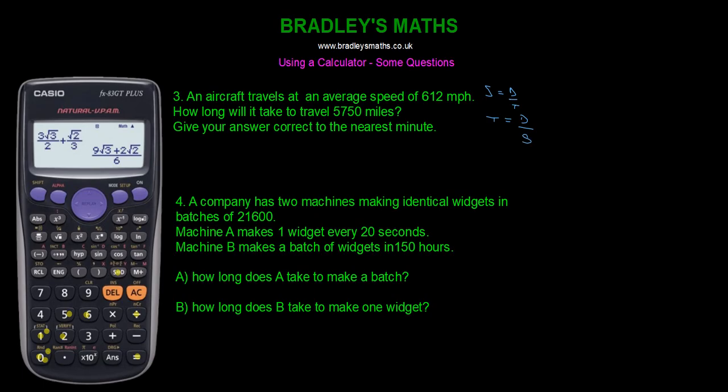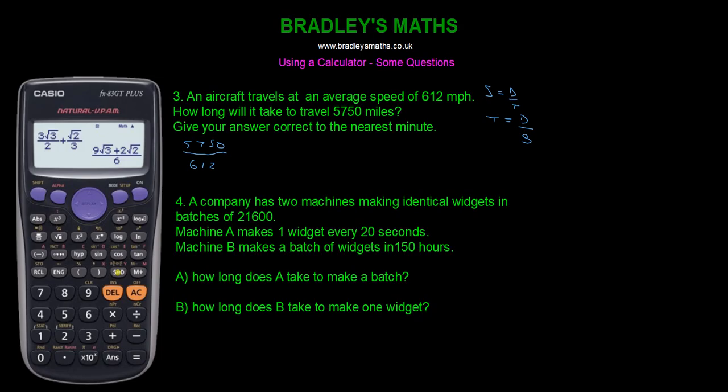So we have the distance, 5,750 miles, divided by 612 miles per hour. Let's get rid of our dots and we'll put new dots in.